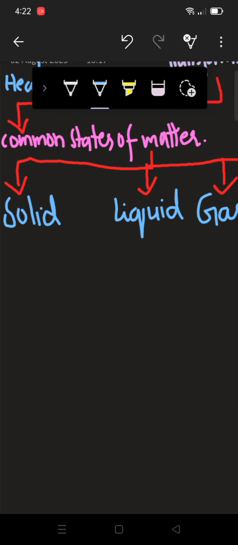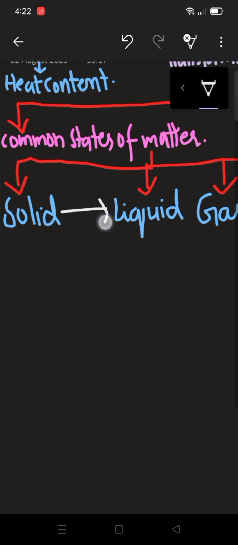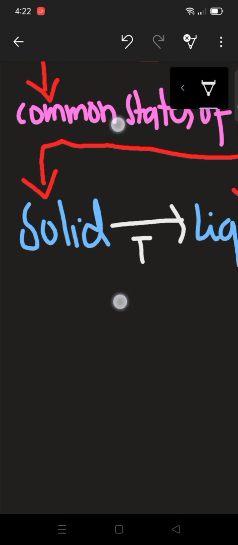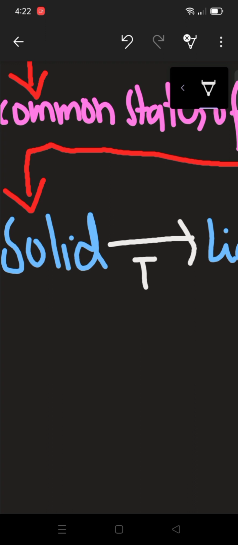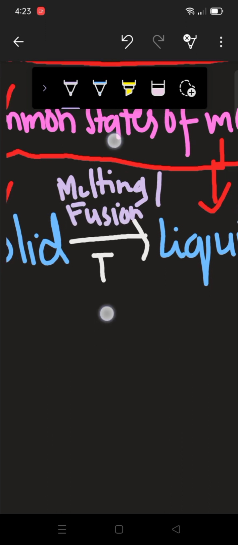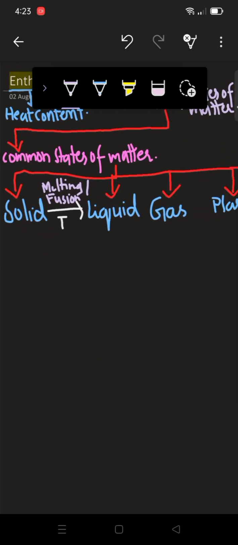Alright. So basically when we provide heat to solid, it becomes liquid. Let me write here. When we provide temperature to solid, it goes under the process of melting, or you can say fusion. Let me write that too. Thus it is converted to liquid.